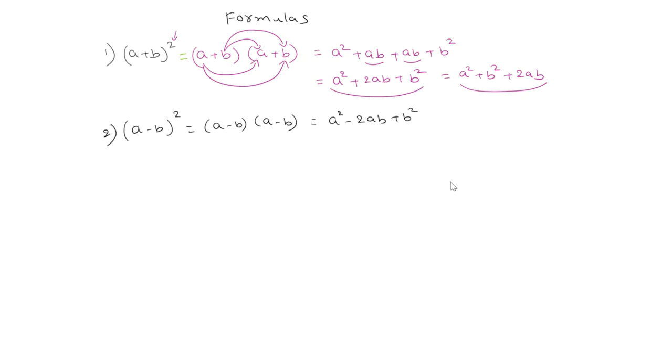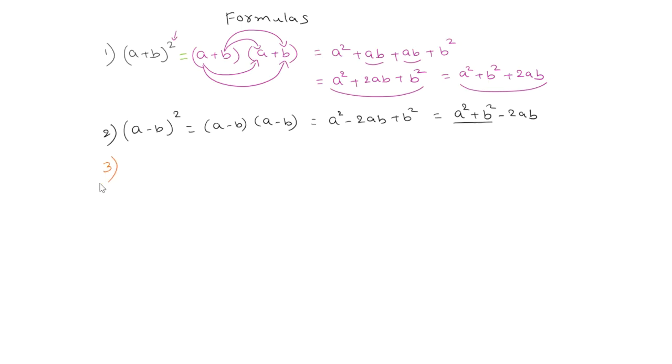We can also write it in this fashion: a square plus b square, I just want a square plus b square in the first position, minus 2ab in the last. This is also a version we use in mathematics. So this is your second identity, a minus b whole square.